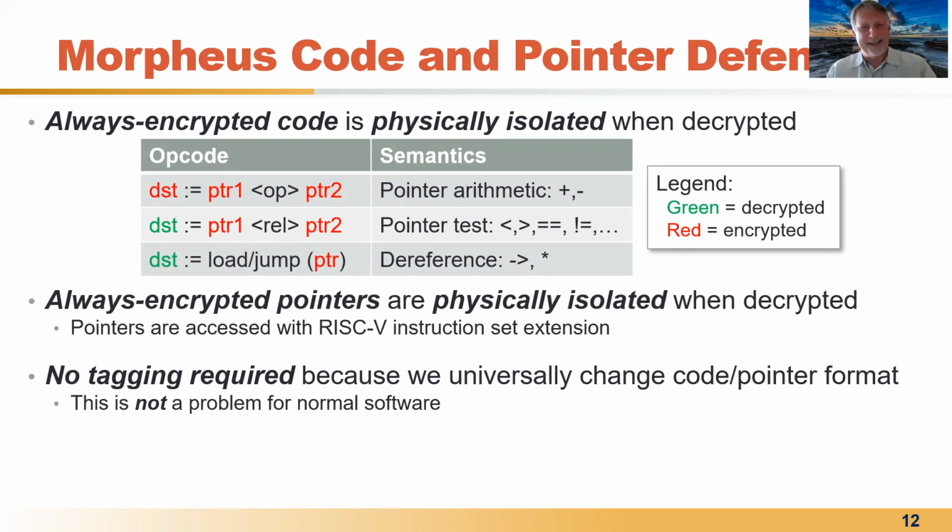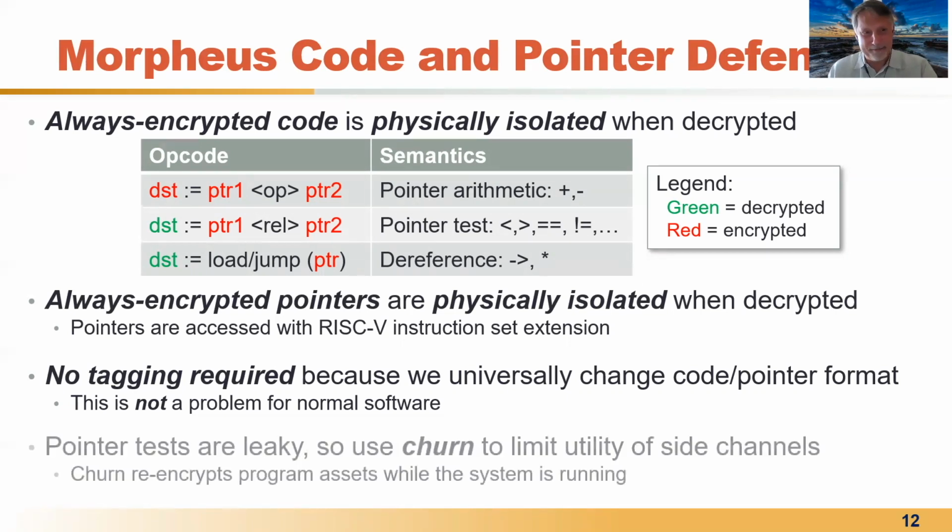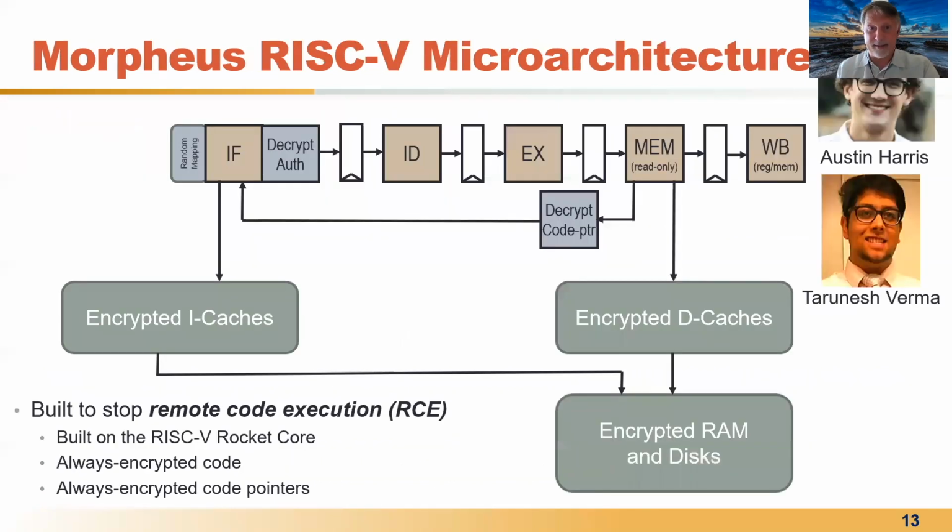What we did is we just said, every pointer is encrypted under this unknown key that was generated by a TRNG. No tagging required. Really, really simplifies the design. You have to take crypto into your pipeline, though, which is a potential risk. And then these ops are all leaky. Like when you compare two pointers, that gives you a decrypted result. You can use that to side channel your way in. So we want to engage churn on a regular basis in this system.